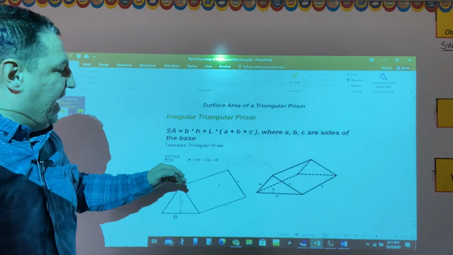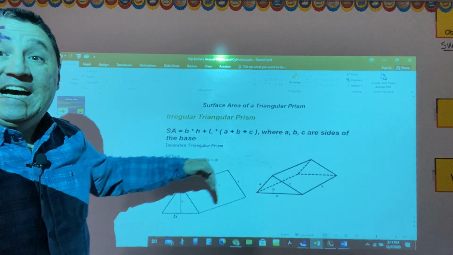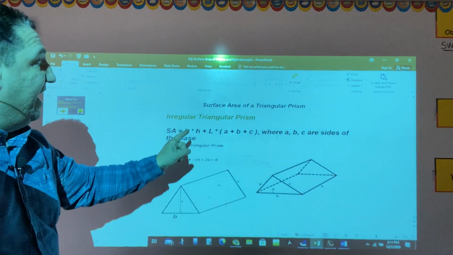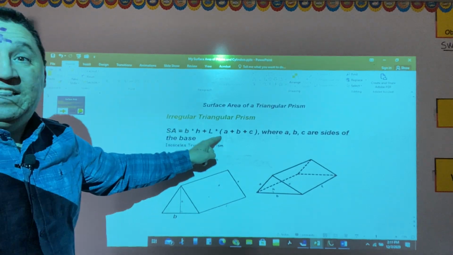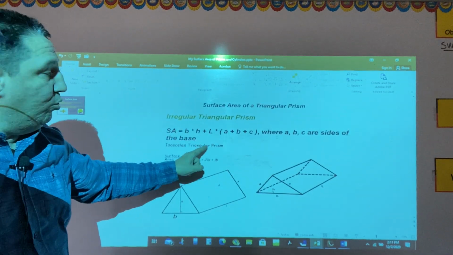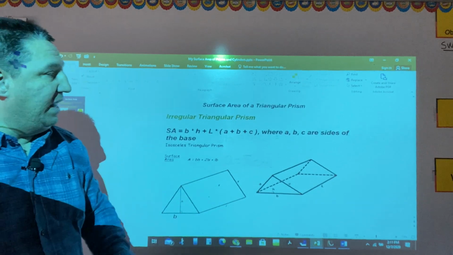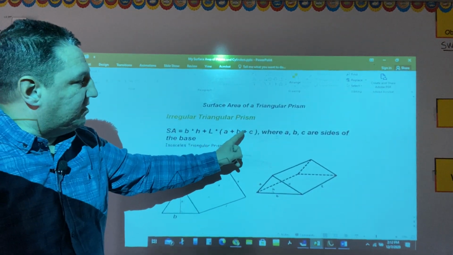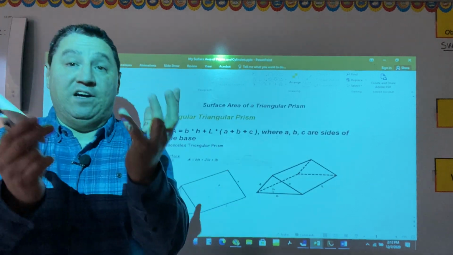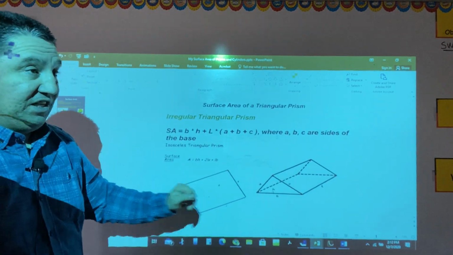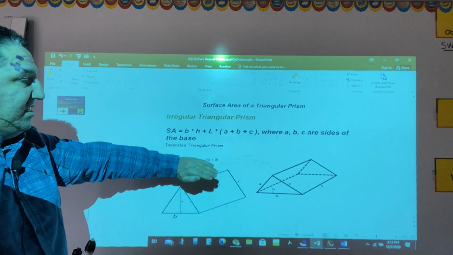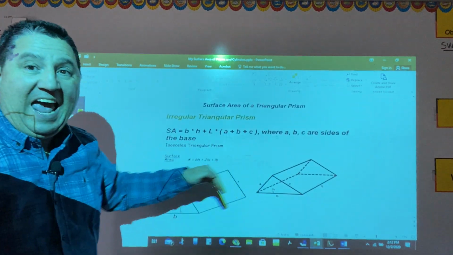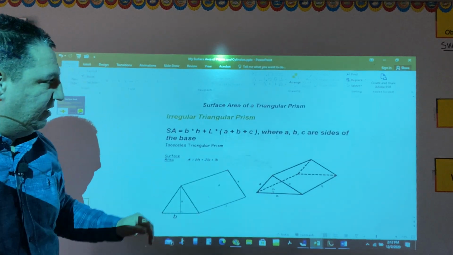Now, because we have 2 such triangles, 2 such ends, and they are identical, that's why the area of the bases would be B times H. The second term, L times parentheses A plus B plus C, is the lateral area of the triangular prism, the sum of areas of faces that are between ends or bases.